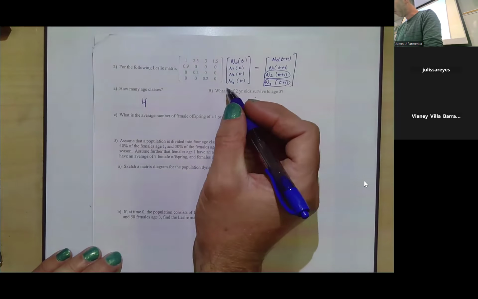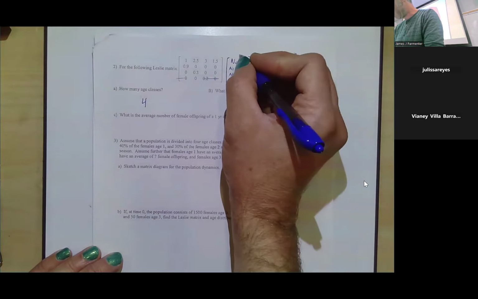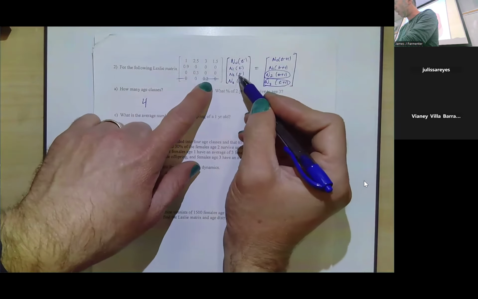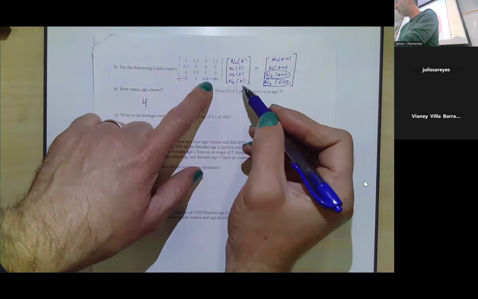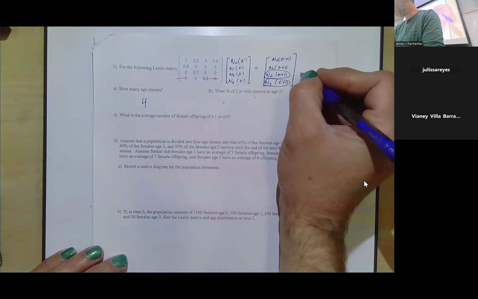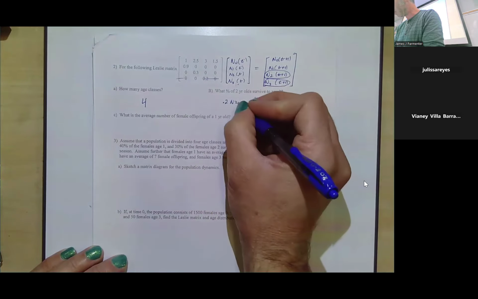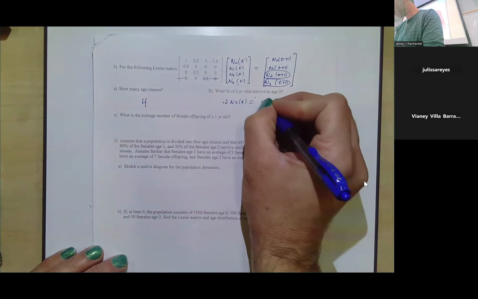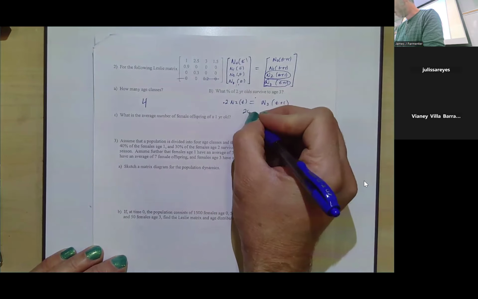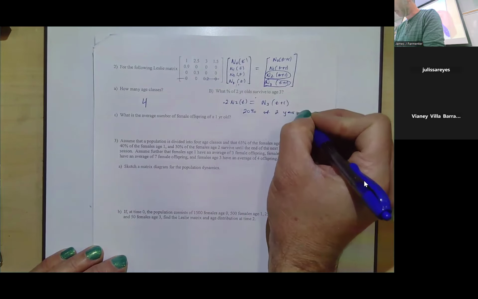So if we look at this fourth row dotted with this column here, you get 0 times that plus 0 times that plus 0.2 times N2 and then plus 0 times N3. So 0.2 times N2 is going to equal next year's N3. That means 20% of 2-year-olds survive to be 3-year-olds next year.